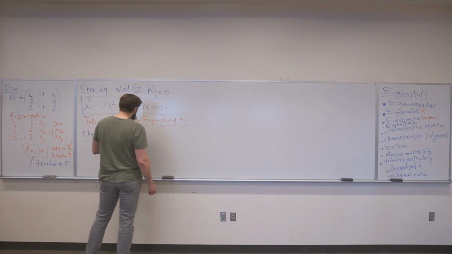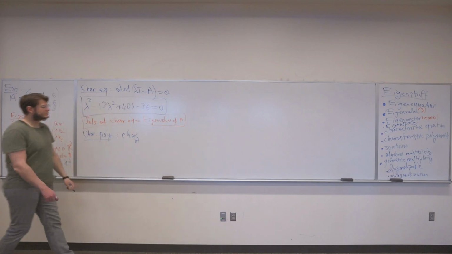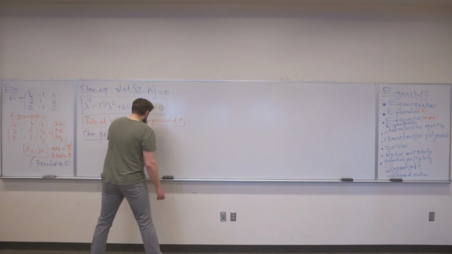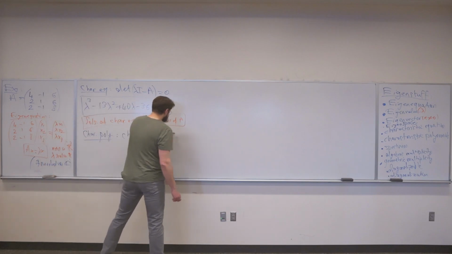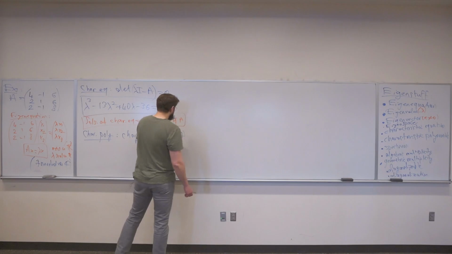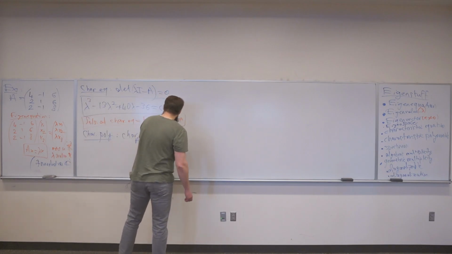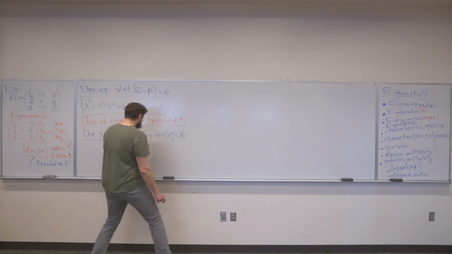This has multiple different notations. I like using char sub A of lambda is the determinant of lambda I minus A, which instead you can just write this if you want, of course.